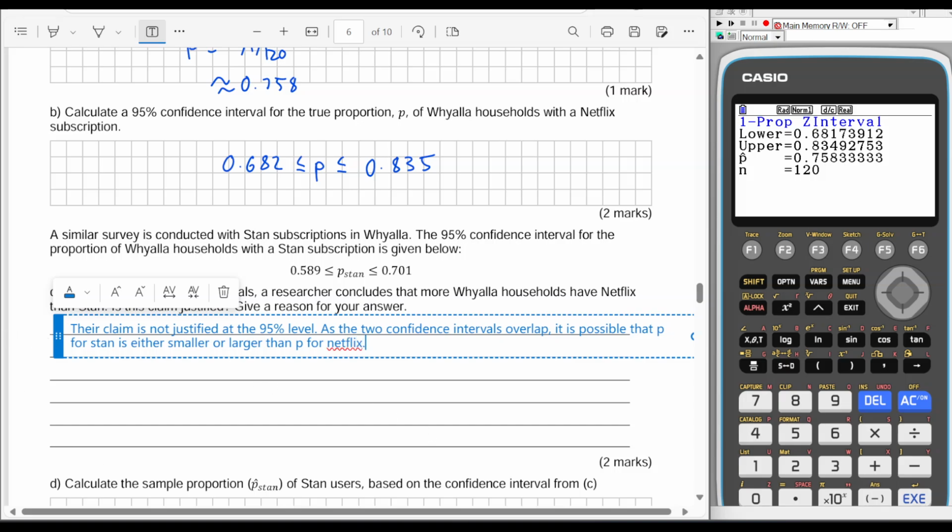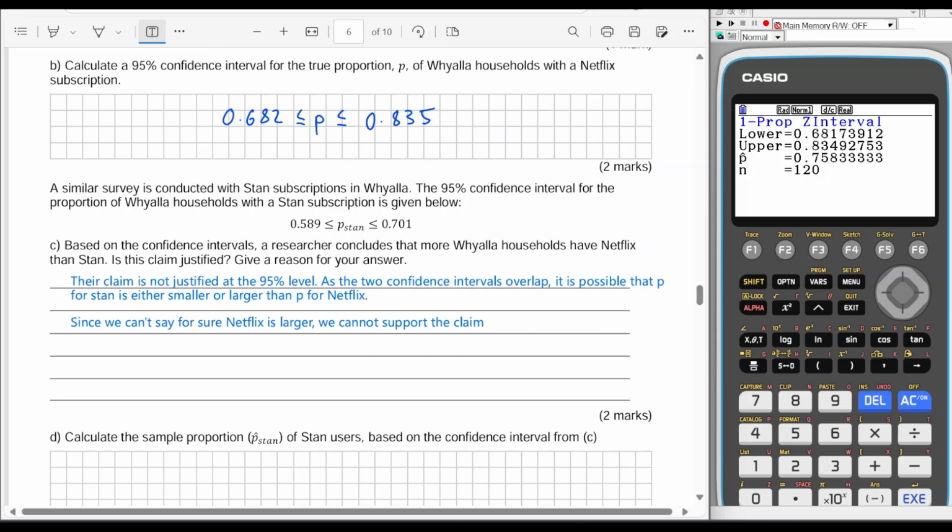So it could be possible that their claim is true. Since we can't say for sure Netflix is larger, we cannot support the claim. Something like that. Okay.